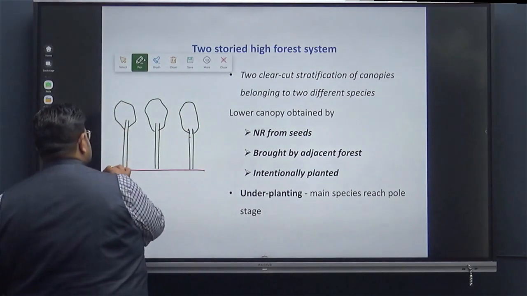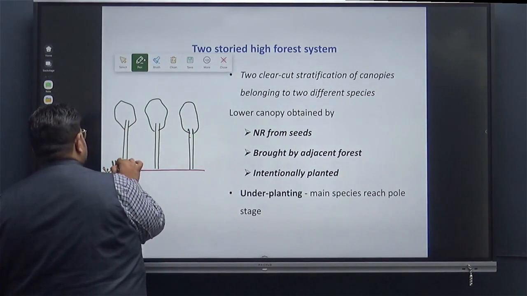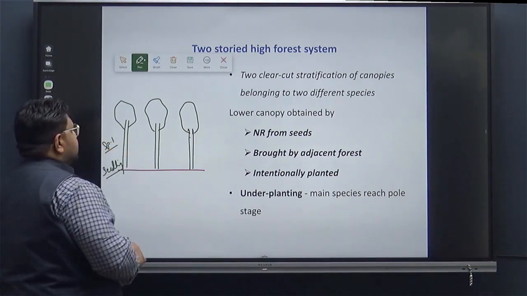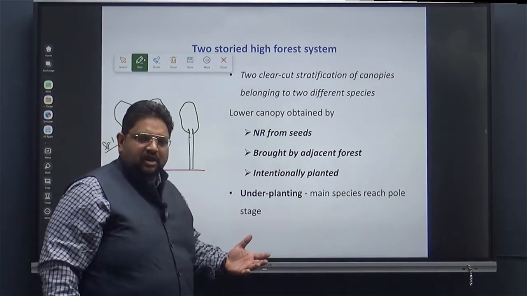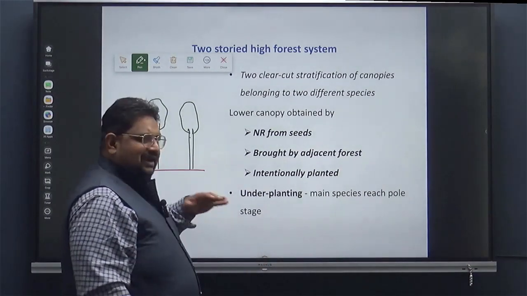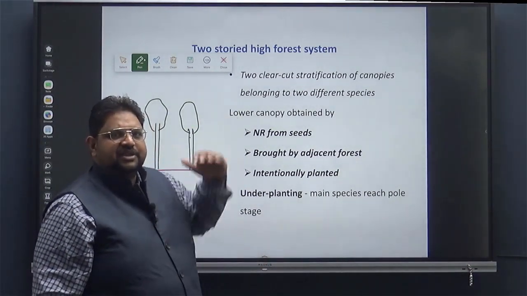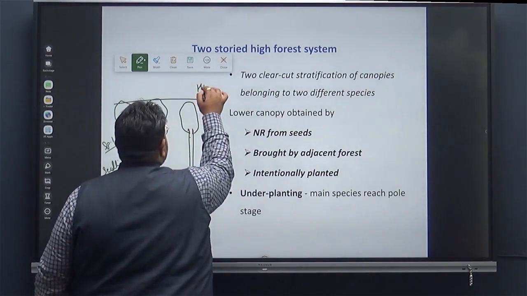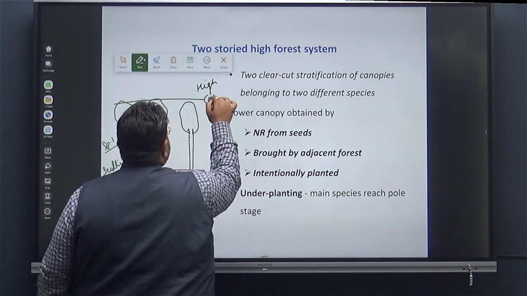These are of seedling origin, belonging to, say, species 1. They are even aged, they were all planted at the same time, they would have reached the same height, and this forms the high canopy.